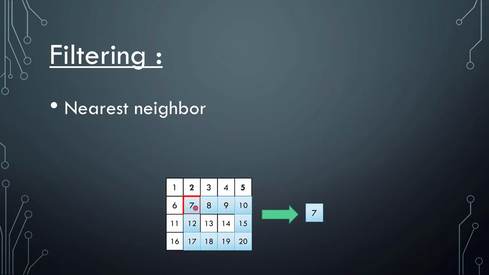Filtering. So say we have some point in some abstract coordinate system, and we map it to that point within the pixel grid. Now that point may or may not be exactly in the center of a pixel.